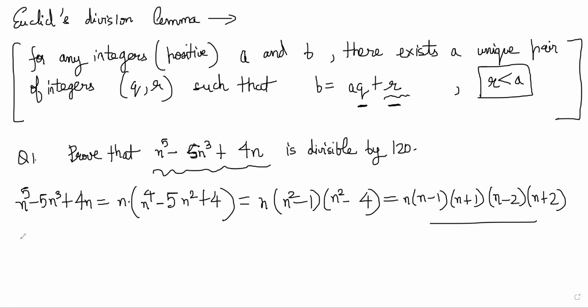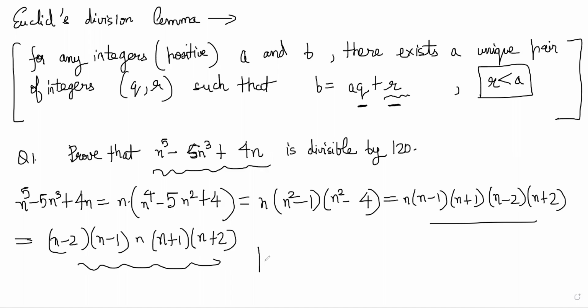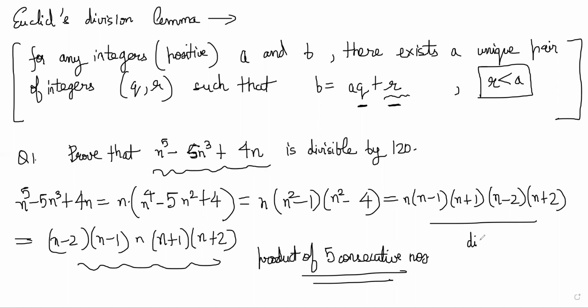Now, if you rearrange that product properly, you will get n minus 2, n minus 1, n, n plus 1, n plus 2. And you can see that this is a product of 5 consecutive numbers. Product of 5 consecutive numbers will always be divisible by 120.